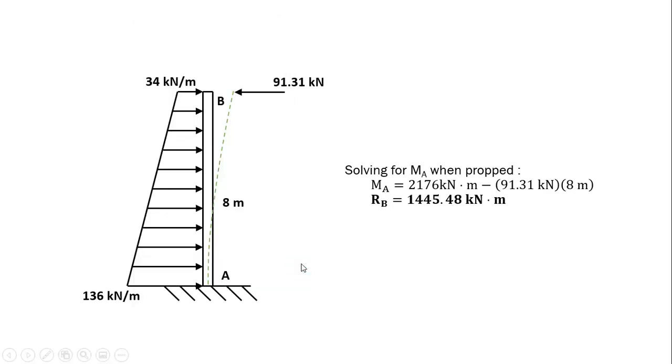So, this is it. Sorry, this is MA, guys. Let's change this. There it is, right? And then, if we also put the reaction at point A, we have 588.69 kilonewtons. Okay?